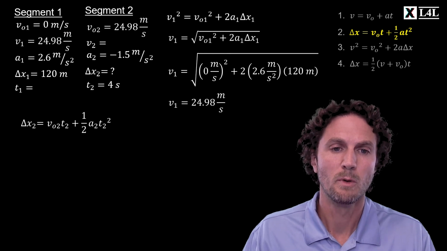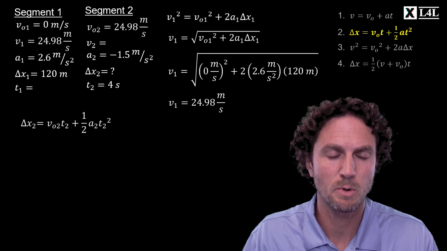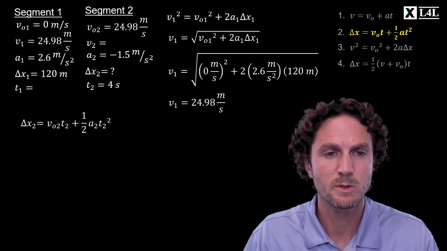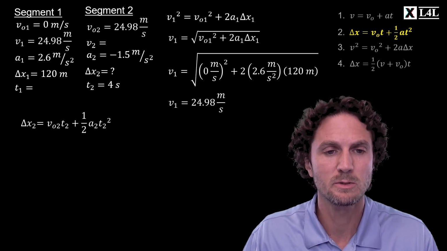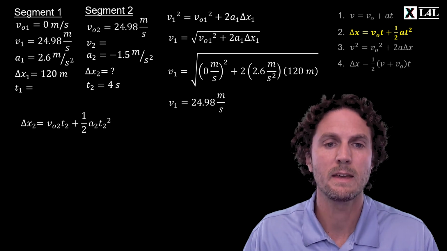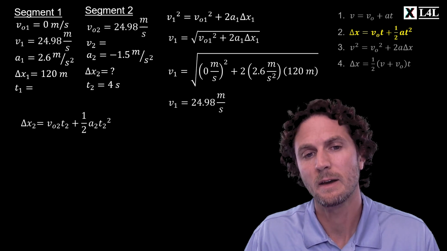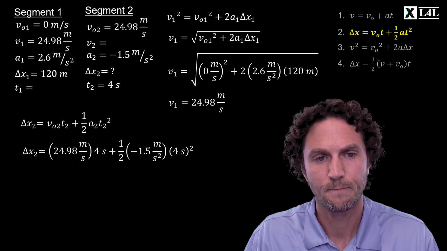Rewriting it in variable form, the displacement for segment 2 is the initial velocity 2 times time 2 plus 1/2 times acceleration 2 times the time for segment 2 squared.